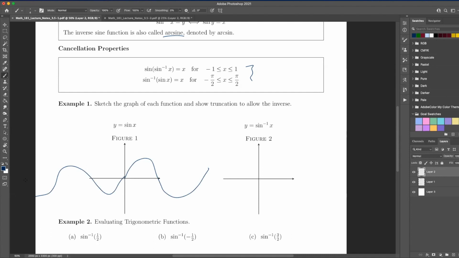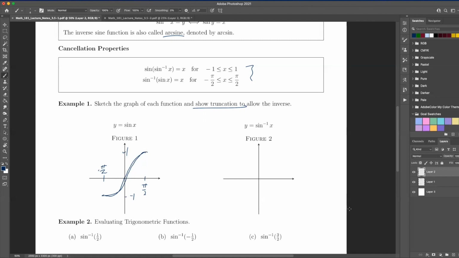But this clearly fails the horizontal line test. So we're going to show the truncation. We're only going to go up to pi over 2, and down to minus pi over 2. And so here's what we're going to use. We're going to truncate sine to only this, and this is between -1 and 1.